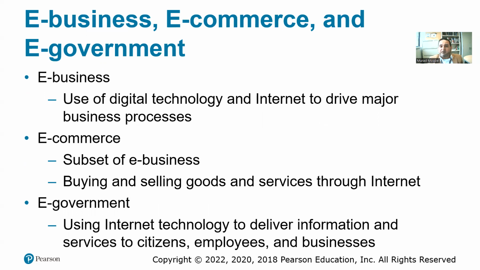And e-government is the use of digital platforms for business processes related to the government. Like, for example, renewing your driver license. If you can do that online, that's considered e-government, right? Or the government has a website where you can download forms, so that's considered e-government as well.